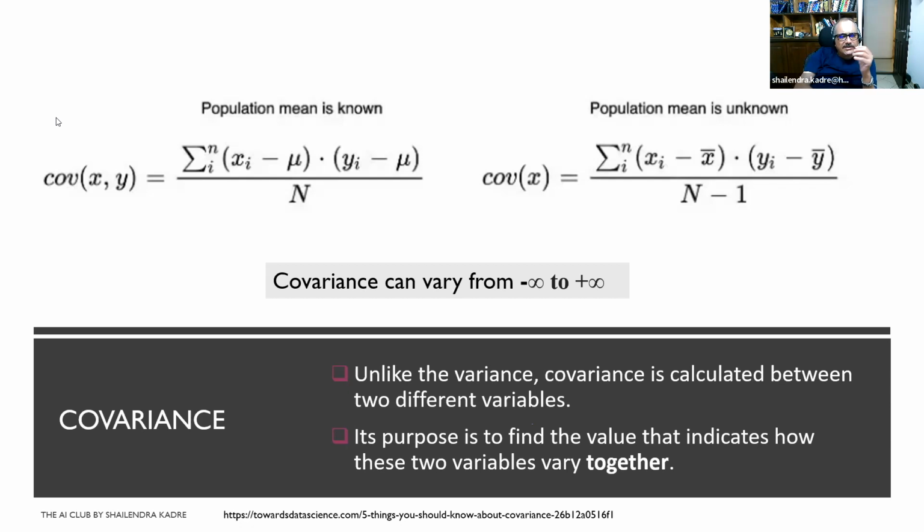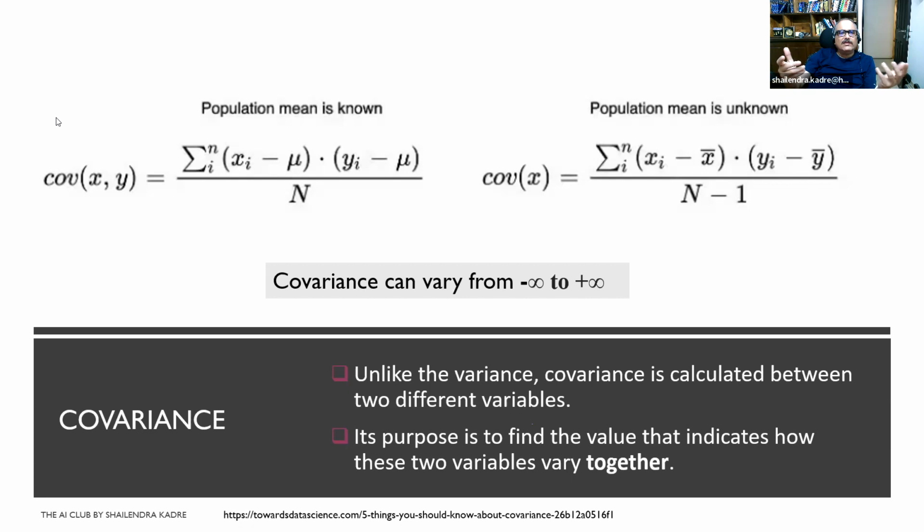So I need some better unit. If I see the unit, I should be able to tell whether variation is more or less, spread is more or less. That I should be able to say just by looking at the number. But here, the covariance number is not telling me anything, because if I vary the unit, then the covariance number also varies.